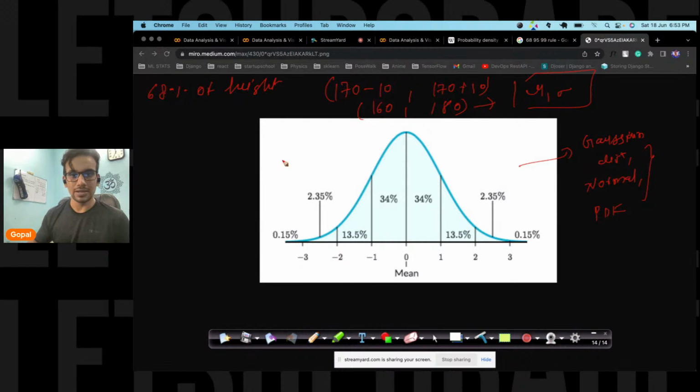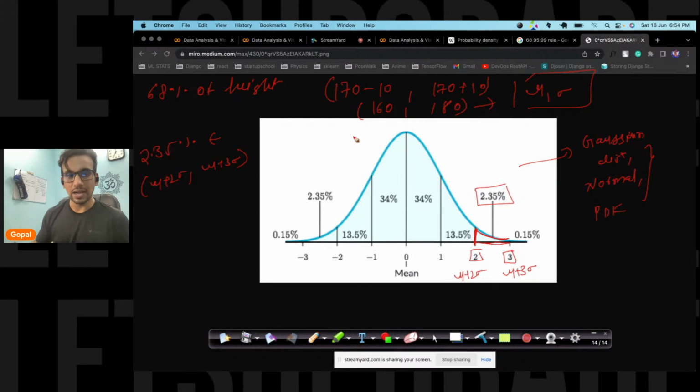This is only for the 68%. But what if I want to calculate how much it will be for this region? Just focus on this one. It will be for mu plus 2 sigma to mu plus 3 sigma, and this certain region only consists of 2.35% of data. So 2.35% of data belongs to mu plus 2 sigma and mu plus 3 sigma.